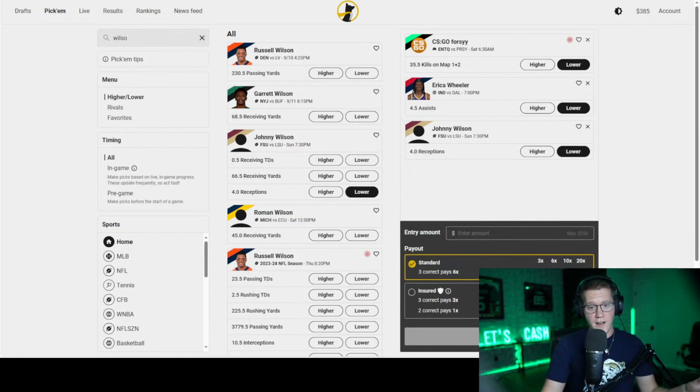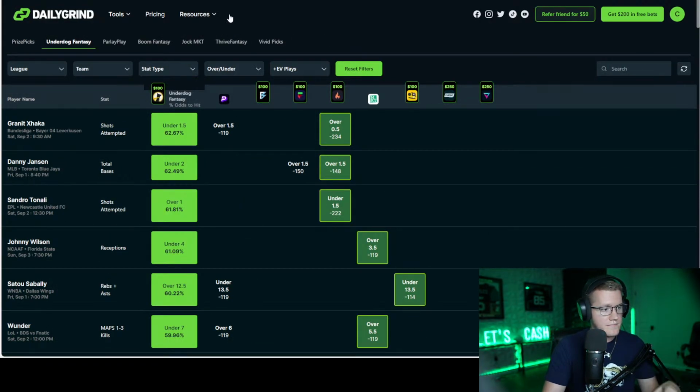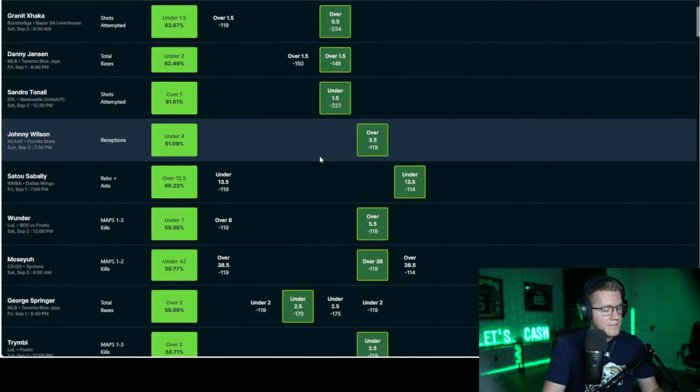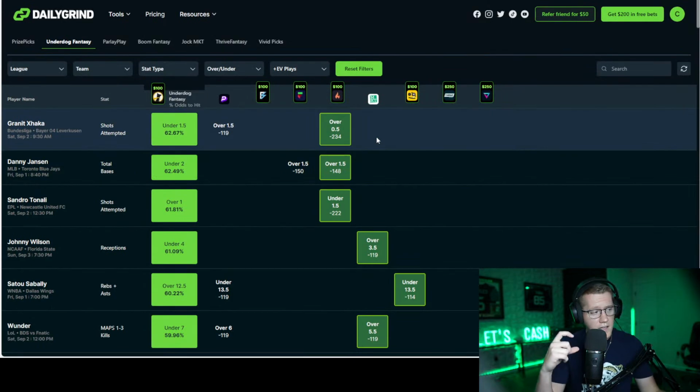They wouldn't post these lines if they weren't accurate, if they didn't have confidence in these projections, right? So if they're making money off their sports bettors, it's fair to assume you have two very accurate projections in the market when you're comparing them. So why not hit the over on Jock Market, hit the under on Underdog, and then if they land on 4, you don't lose on Underdog, but you win on Jock Market, right? The whole point is to profit.